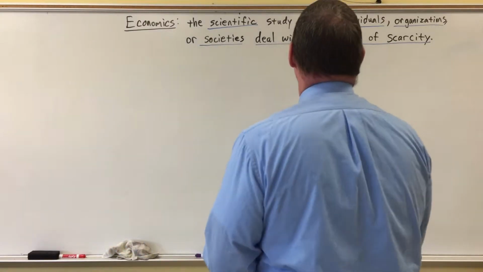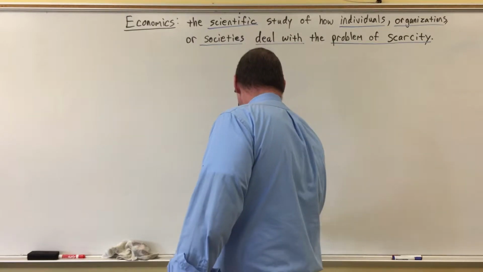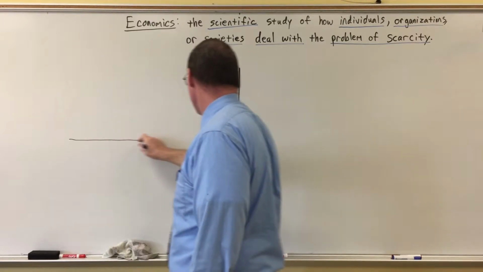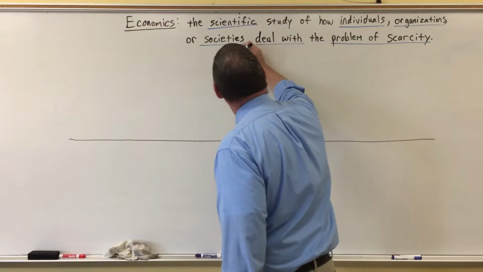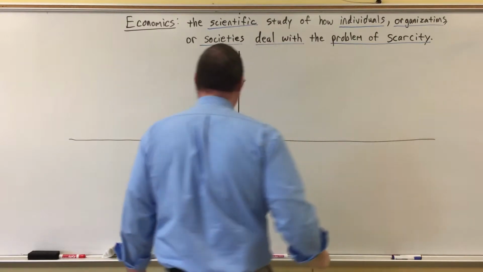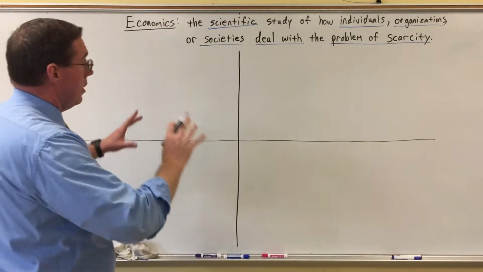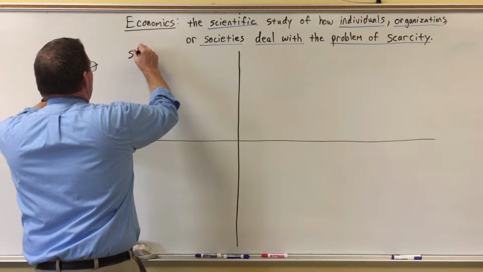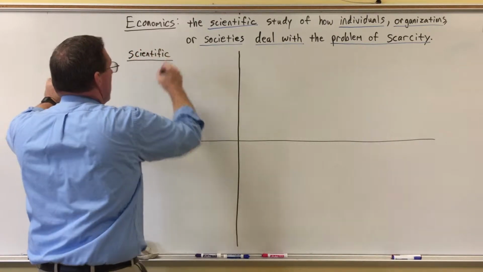So in order to do that, what I want you to do right now is, in your notes, on your paper, I'm going to break up the board into four quadrants, like this. And I think you should also break up your notes into four quadrants, and we're going to put each one of these subjects in each one of these quadrants. So economics is scientific. So we're going to talk about what that means.